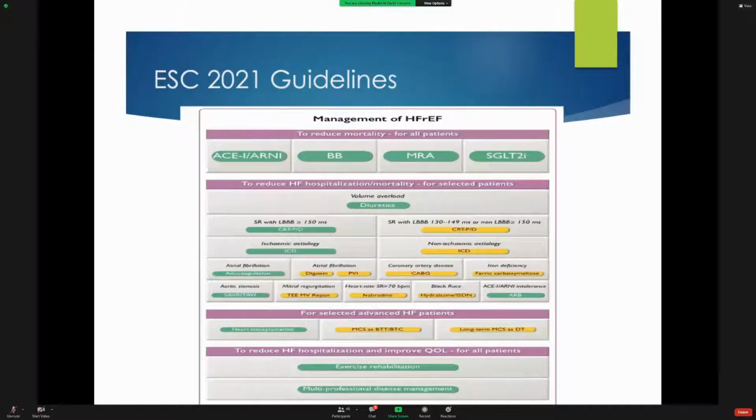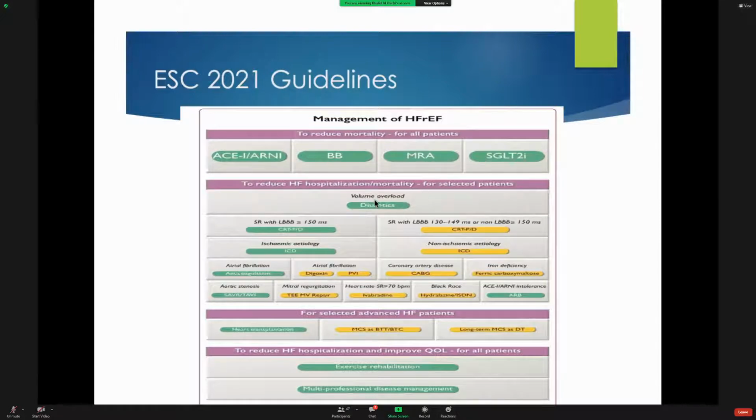So here are the new European Society of Cardiology guidelines for treating the patient with heart failure. They will start ACE, ARB or ARNI first, and then beta blockers or at the same time, and SGLT2 inhibitor. And if the ejection fraction is less than 35%, they will add the MRA or aldosterone antagonist.